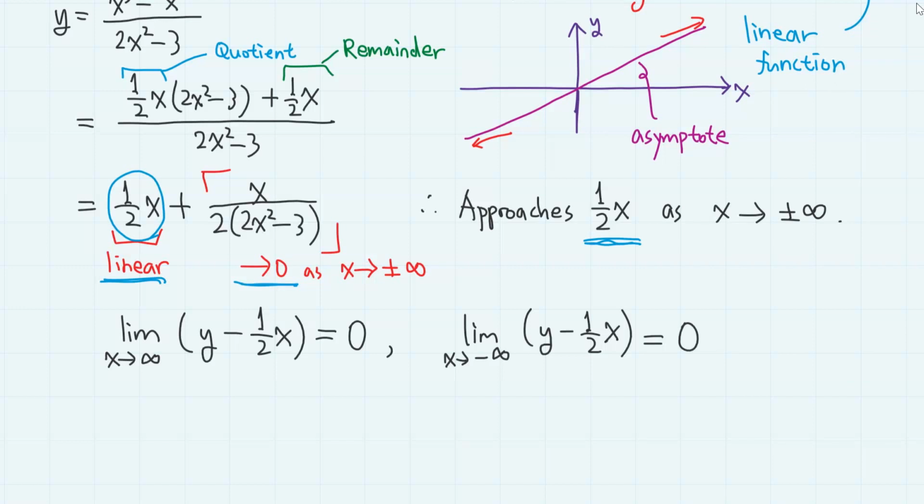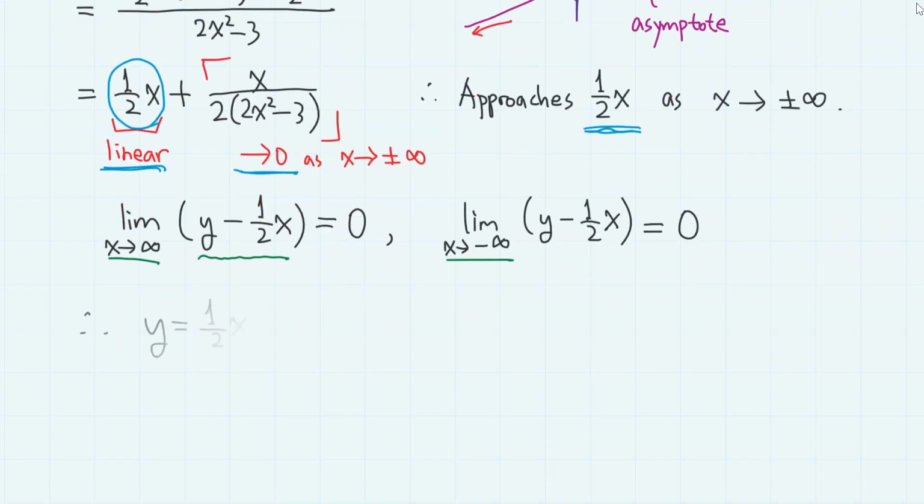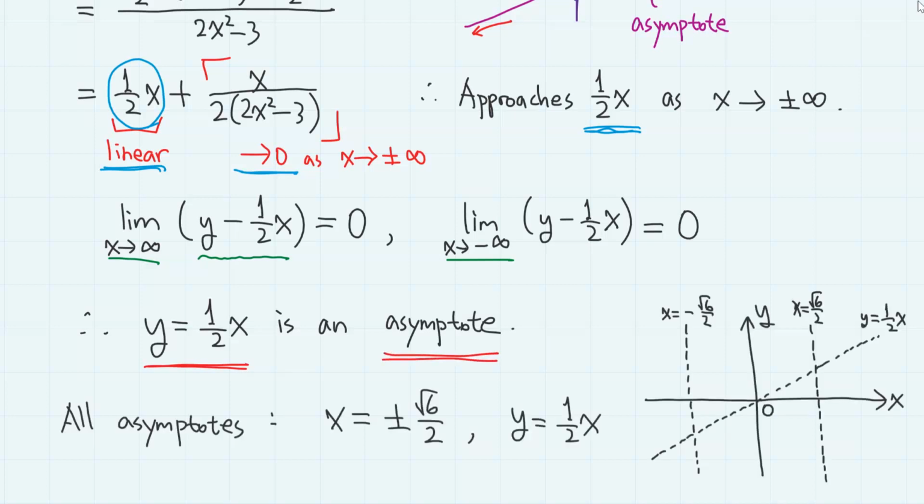Or in a more formal manner, we can say that the limit of y minus 1 over 2 x is 0 when x approaches positive infinity or negative infinity. This means that the line y equals 1 over 2 x is also an asymptote. To summarize, the asymptotes are two vertical lines, x equals plus or minus square root of 6 over 2, and one oblique line, y equals 1 over 2 x.